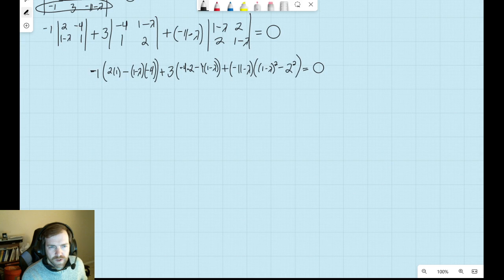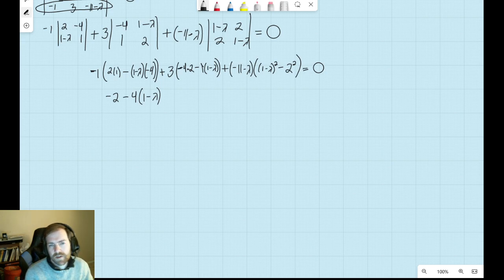So in this case, we end up with -2. Here are negative and negative, make this positive. And then we get a -1 from the outside, makes it negative again. 4 times 1 minus lambda. Okay.